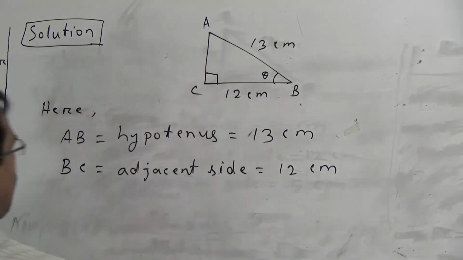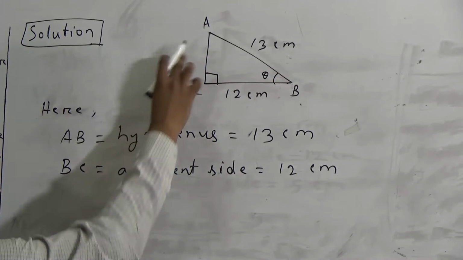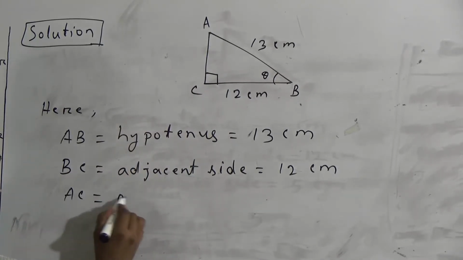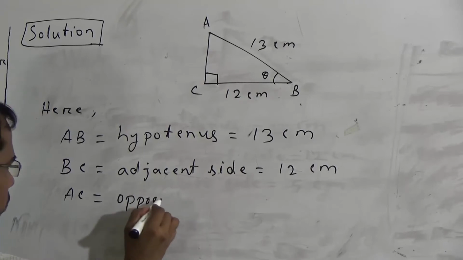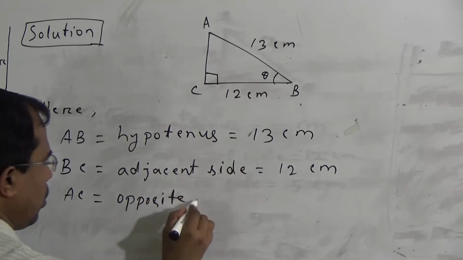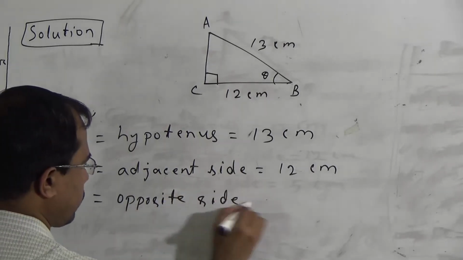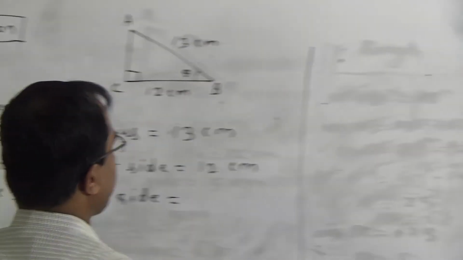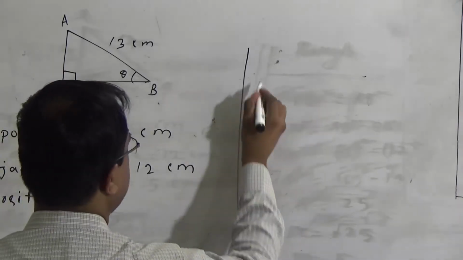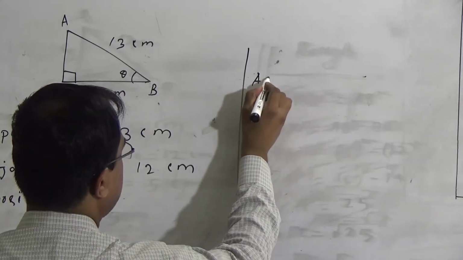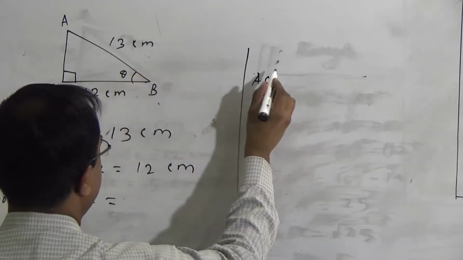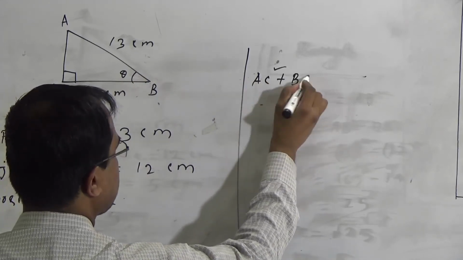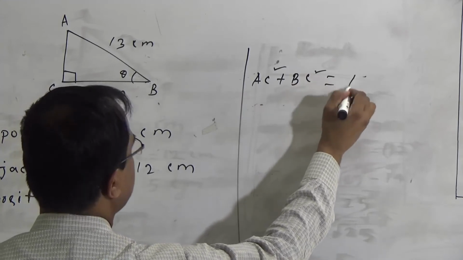Now this is opposite side. We have to find out the value of opposite side. For finding out the value of opposite side, now we can apply Pythagoras theorem. We know that in this figure, if we apply Pythagoras theorem, then it will be AC square plus BC square is equal to AB square.